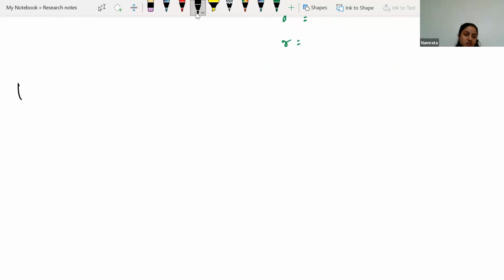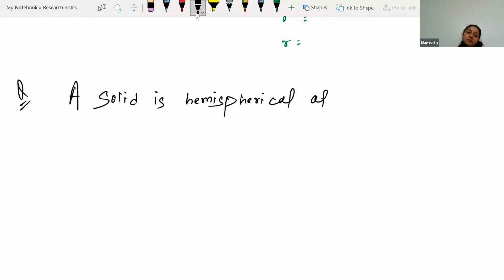Now the next question is, a solid is hemispherical at the bottom and conical above.